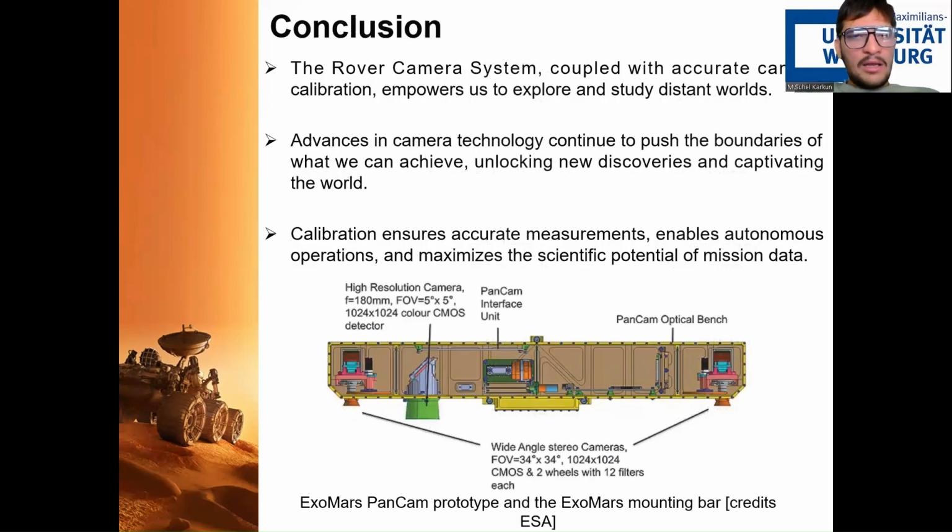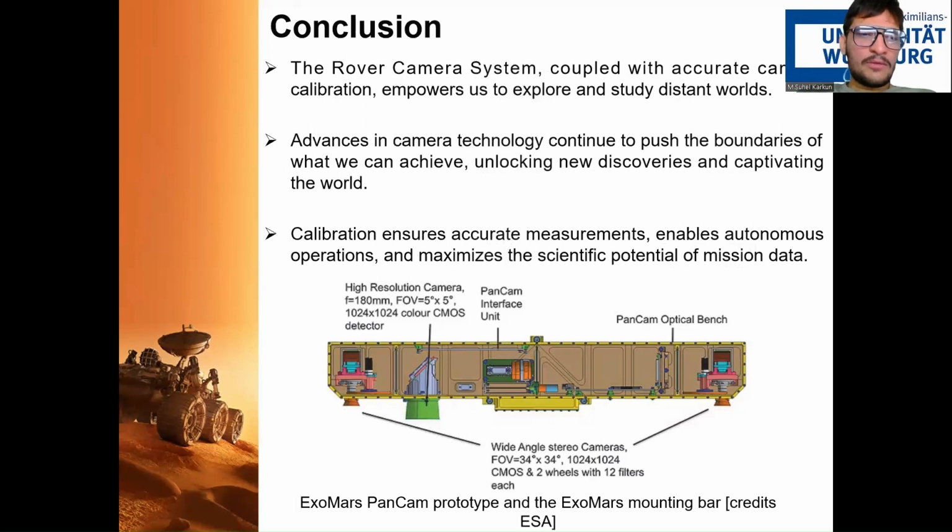Now, at the end, I would like to conclude this presentation with a few lines. The rover camera system, coupled with accurate camera calibration, empowers us to explore and study distinct planets. Advances in camera technology continue to push the boundaries of what we can achieve, unlocking new discoveries and captivating worlds and planets.